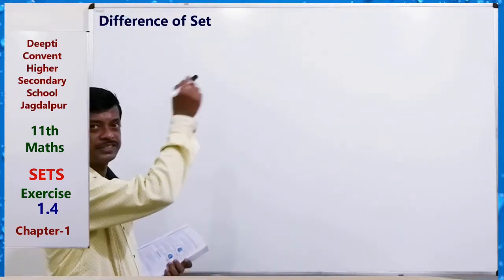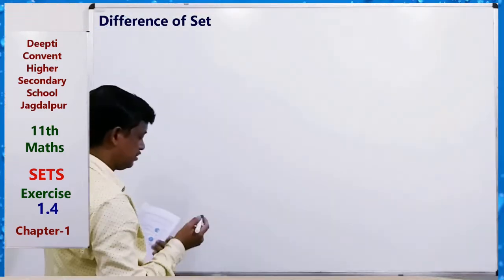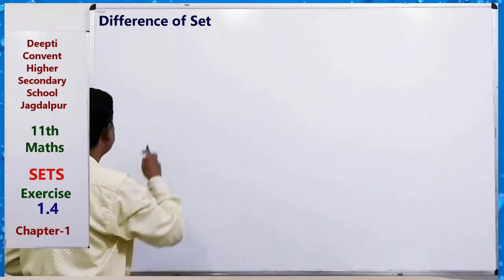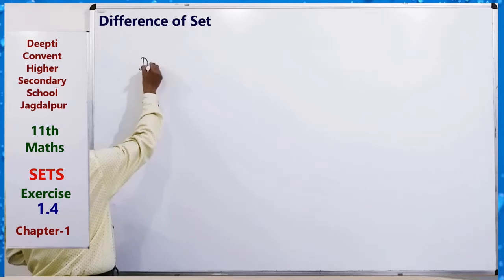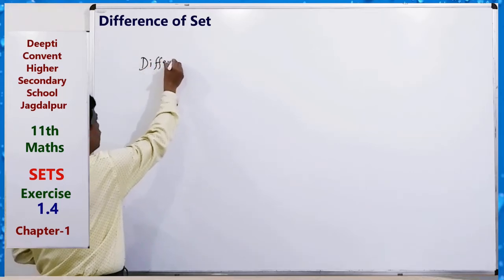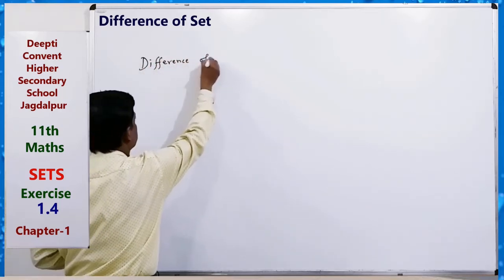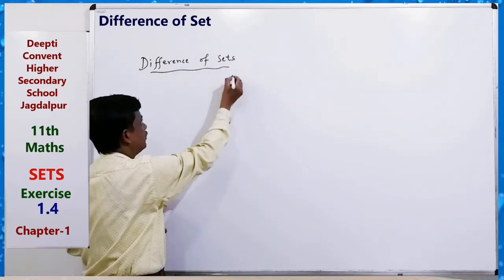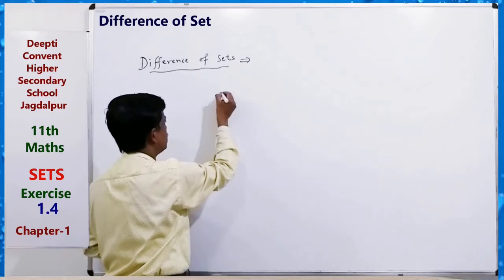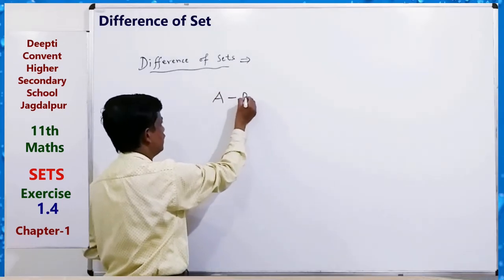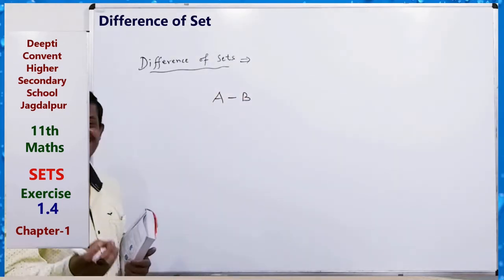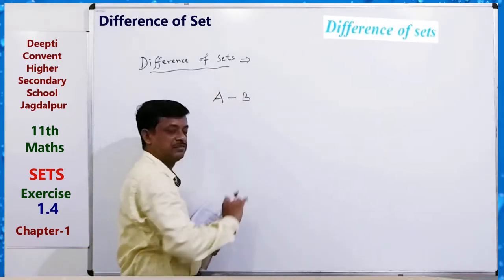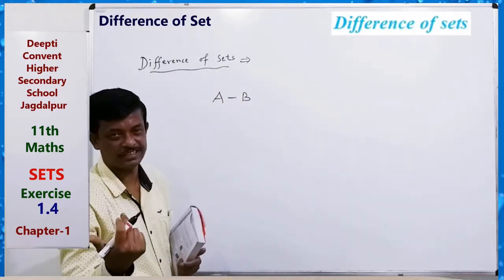Difference of sets, another operation. Just like A minus B. A is a set, B is a set. A minus B is also a set, just like union is a set and intersection is a set.